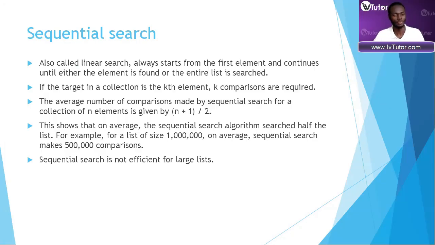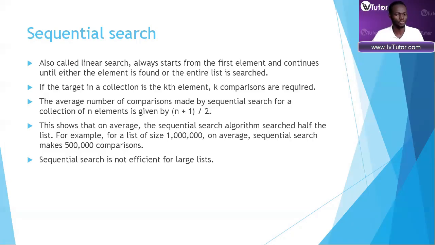So if you have, let's say, a list with 100 elements, in the worst case scenario where the item is not in the list, it means you are going to have to make 100 comparisons.